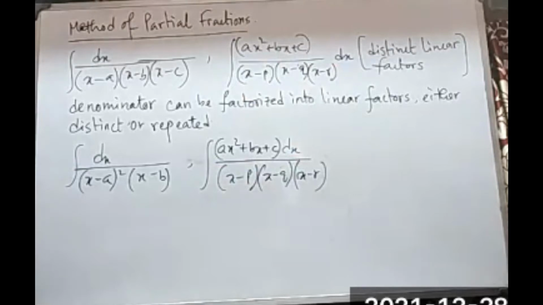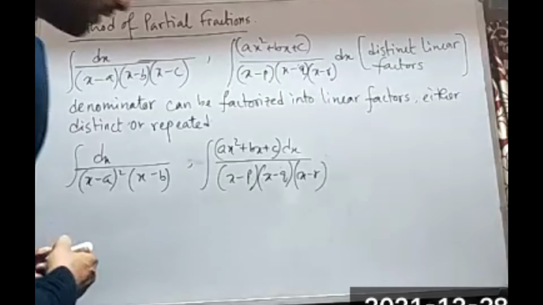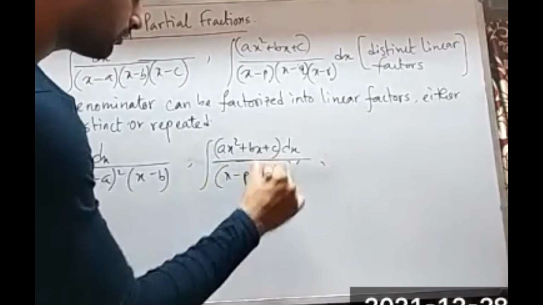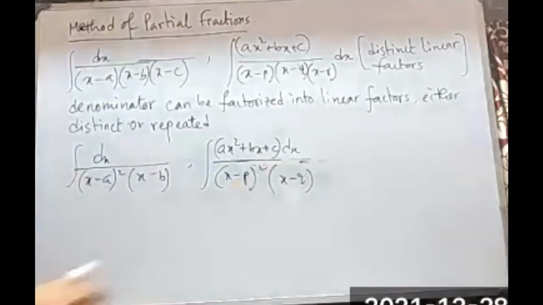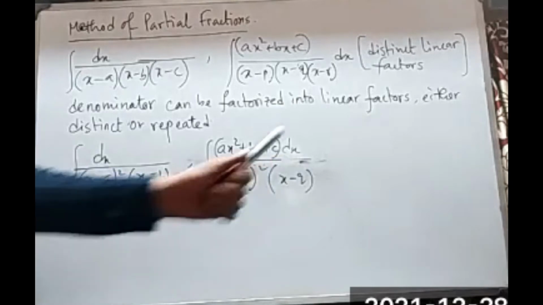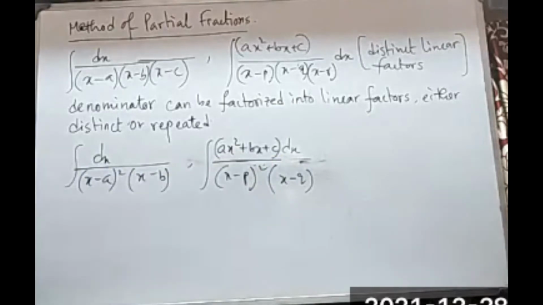So the numerator is not a factor, the main factor is the denominator. This denominator should be with repeated factors, so x minus p whole square into x minus q. That whole square is the repeated one. It can be a combination of repeated factors and distinct factors, which means one will be repeated with a square and the other one will be distinct to that. So these two types of functions we can have, and we have to see how we can integrate this.